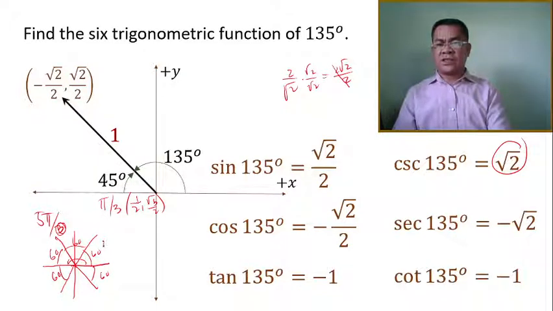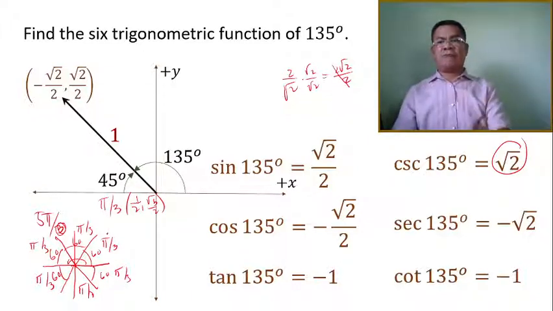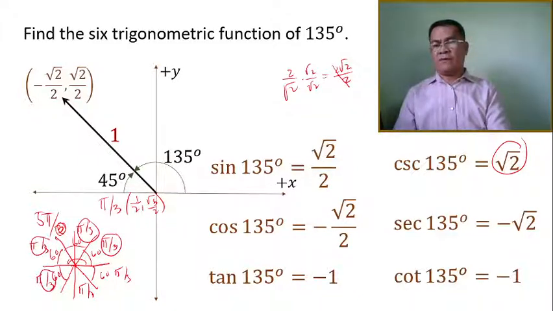Take note the 60 degrees is pi over 3. Each of these is pi over 3. So where is the pi over 3? Count 5 times: 1, 2, 3, 4, 5.